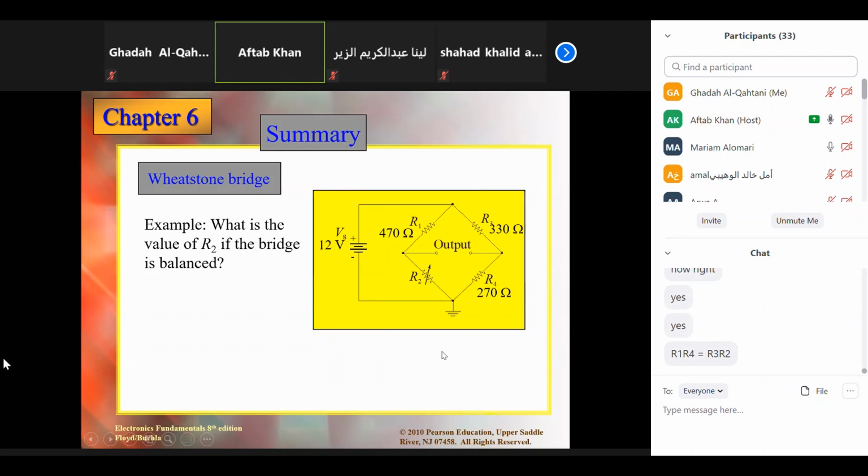Cross multiply and get the value. How much is R2 coming? 384.5. 384.54. So this is the balance situation, and we get something like 384.5. Okay, your value is more accurate; I considered 384.5 ohm. This is the balance condition, and the output will be 0.